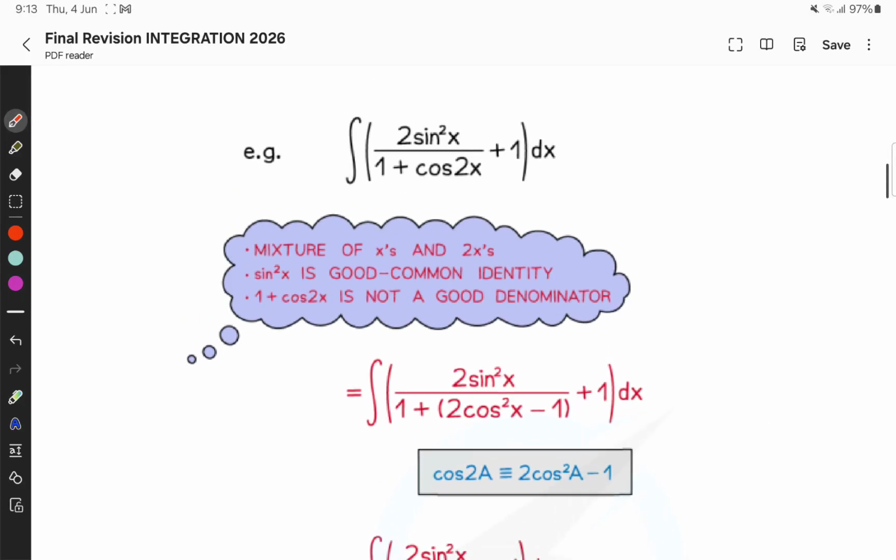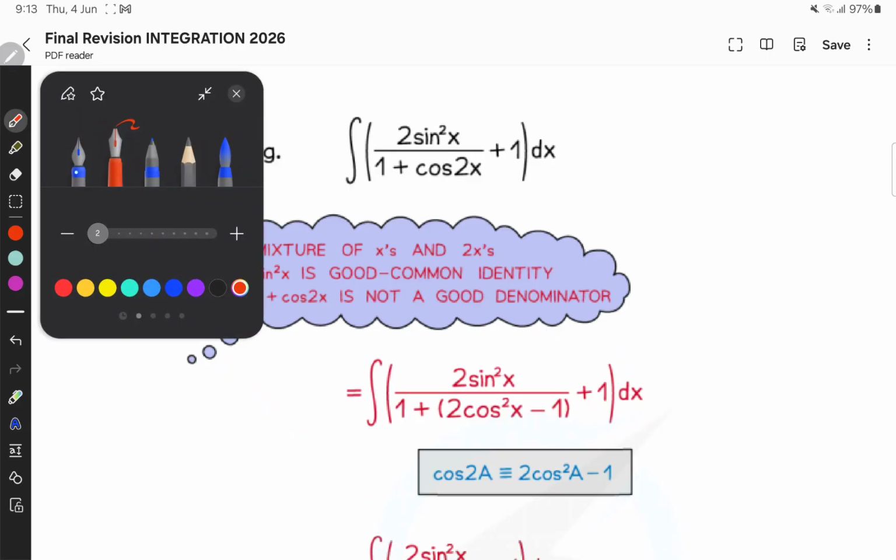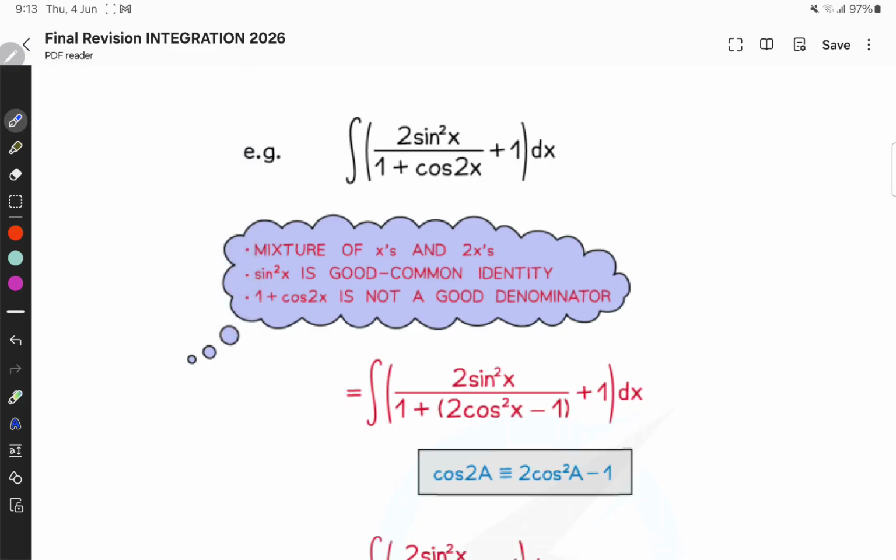Here, if you have a question like 1 over 2 sine squared x over 1 plus cosine 2x, we just need to notice some things. First, the angle in the denominator is double, and the angle in the numerator is a single angle. So I have a relation between the numerator and denominator, and we just need to use the double angle formula.